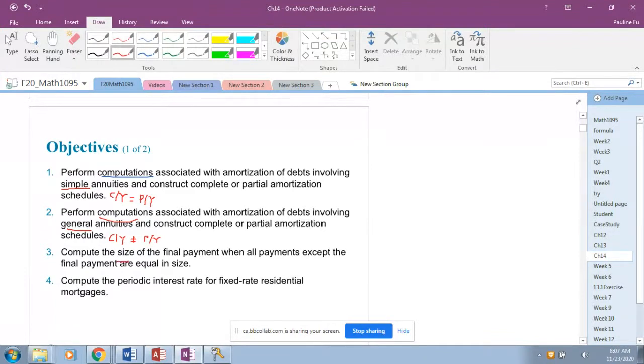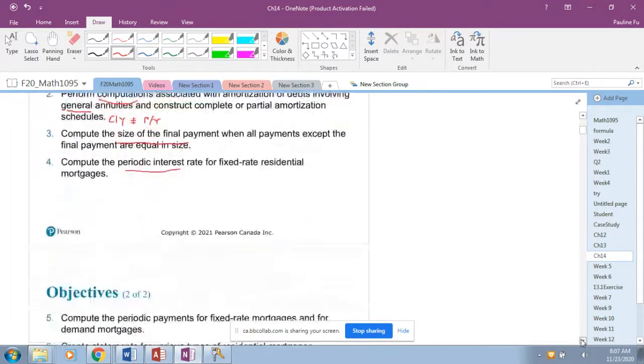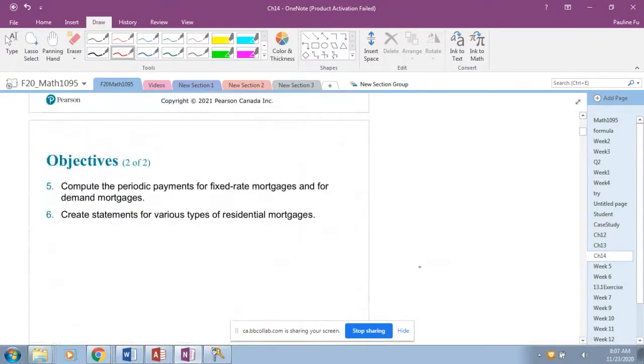And we are going to calculate the final payments and calculate periodic interest rate. And we are going to calculate periodic payments, PMT, and create statement for different types of residential mortgages.